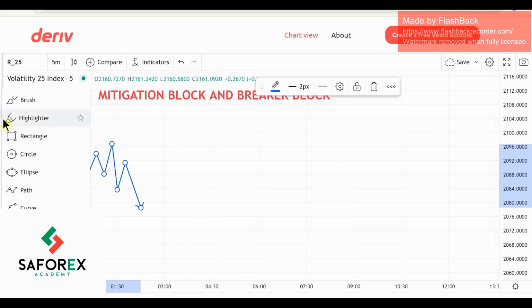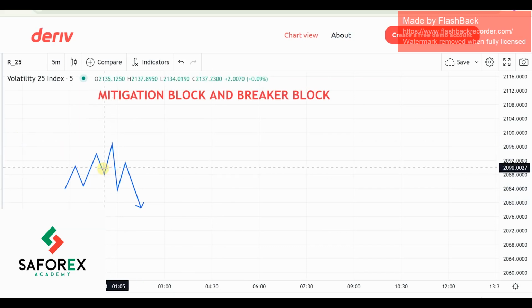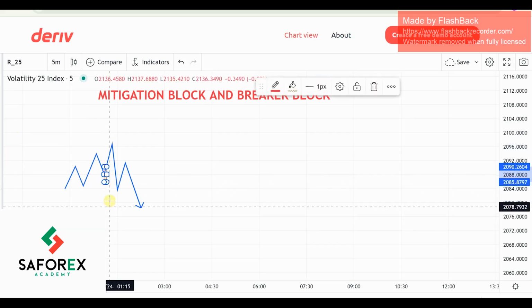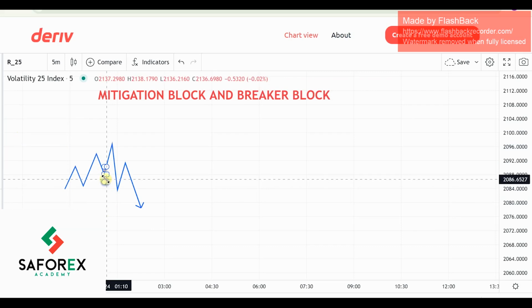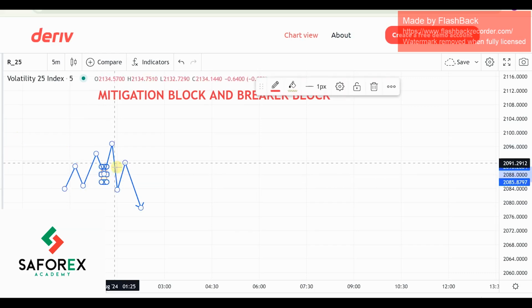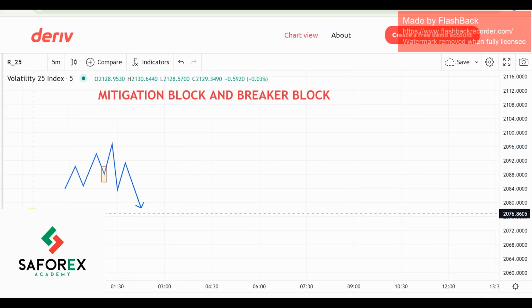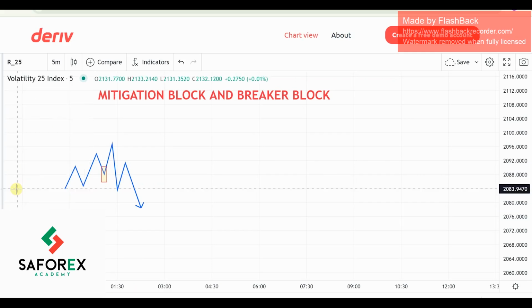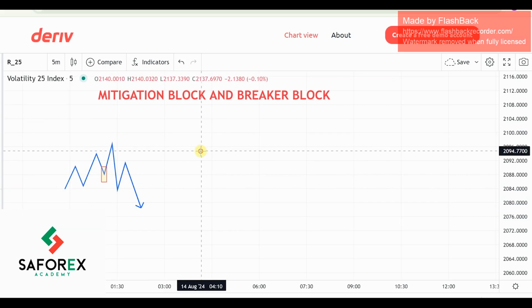Now we know that here is the last red candle that was printed before an upside, and that is our order block. Normally this order block is supposed to give us something like this.